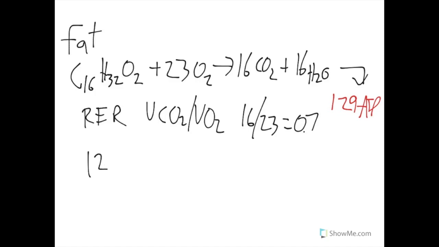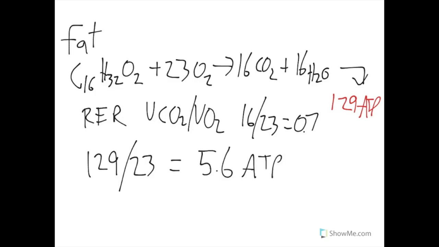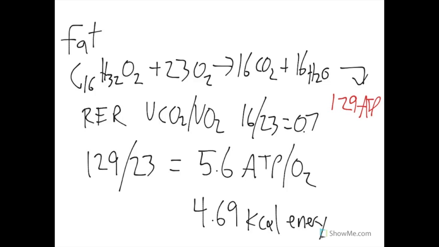When you look at that another way, we have our 129 molecules of ATP that require 23 molecules of O2. We only yield 5.6 molecules of ATP per molecule of oxygen. And in kilocalories, 4.69 kilocalories of energy per molecule of O2.